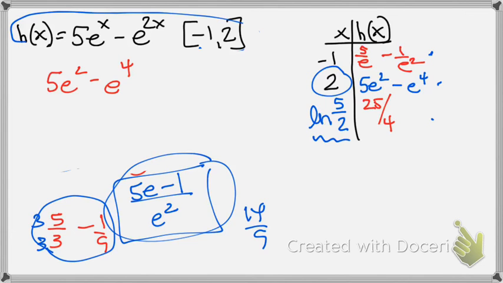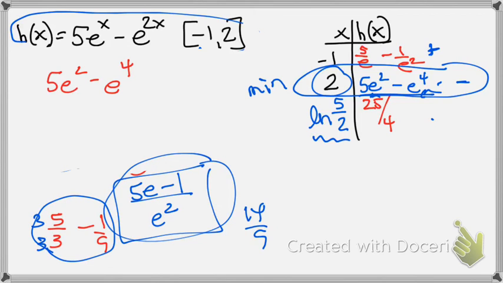Okay? So now let's compare that to this. E to the 4th is going to be bigger than e squared, so this is going to give me a negative number. And this one is a positive fraction, okay? So clearly this is the smallest one since it's negative. So I know for sure that's the min.